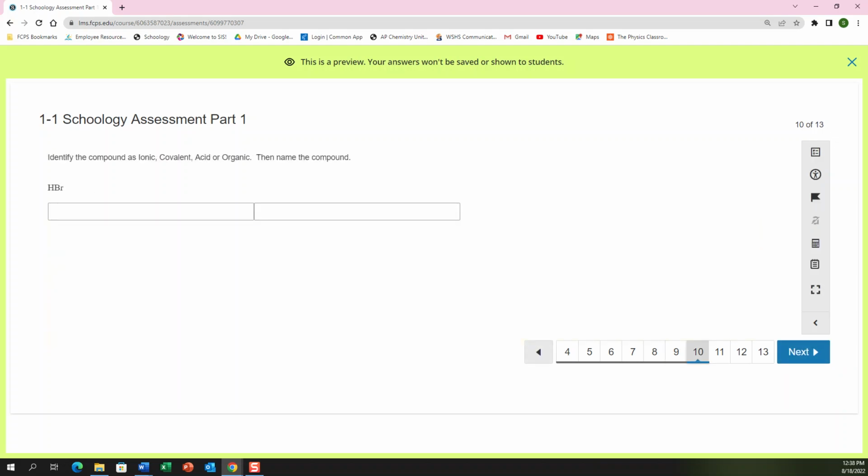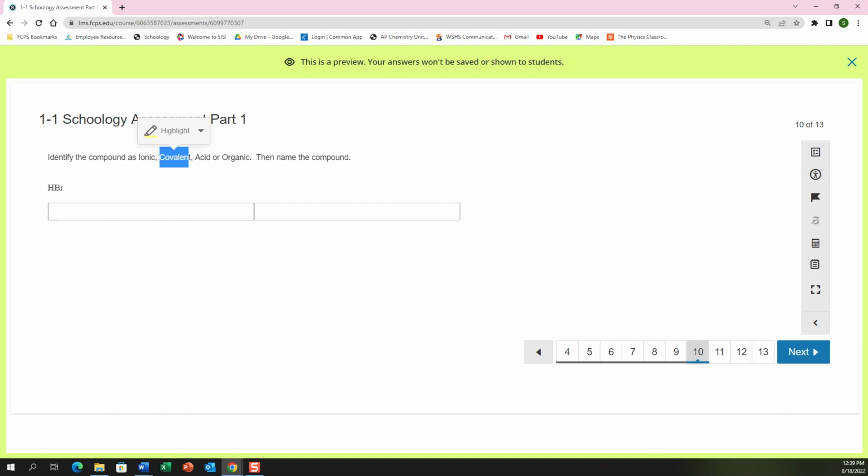Okay, so technically HBr could be just classified as a covalent compound because it's 2 nonmetals. Hydrogen's a nonmetal, bromine's a nonmetal. But it's a special one, and I want you, especially in this class, to understand that if you see H in front, you want to think acid, okay?